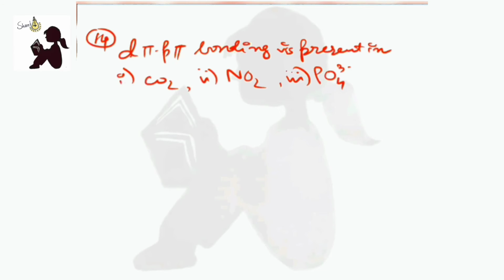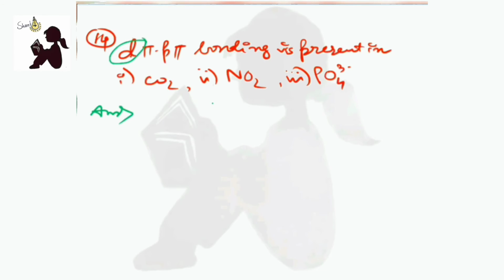Let's see the 14th question. They said that d pi p pi bonding is present in which of these three. In any question given like this, you have to see which of the given molecules has an atom in the second period. The group can be the same, but you have to see which is in the second period, because in the first period there is no existence of d orbitals.